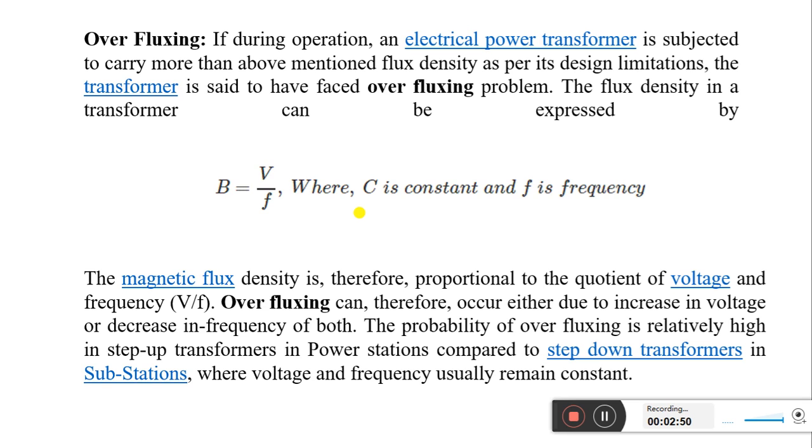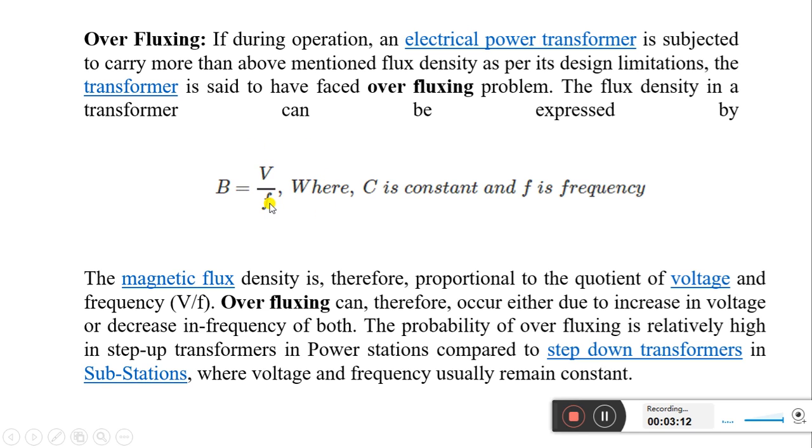Now this flux density can be understood by the formula B equals V by F. So what is the relation between flux density, voltage V and frequency F?